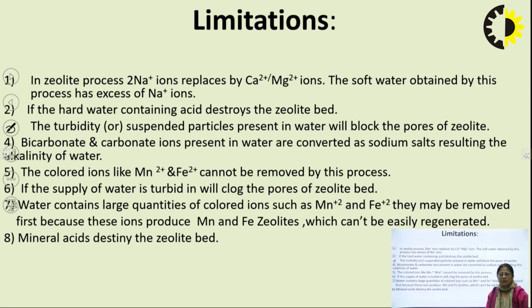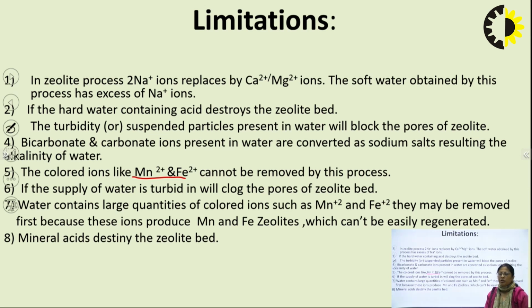If water is turbid, then the turbidity should be removed before feeding the water to the zeolite bed. Then, if the water which is getting passed through the zeolite contains an excess amount of iron and manganese, then these iron and manganese ions fix permanently into the zeolite bed and they cannot be removed.